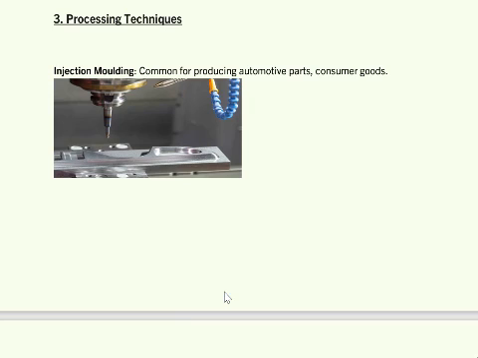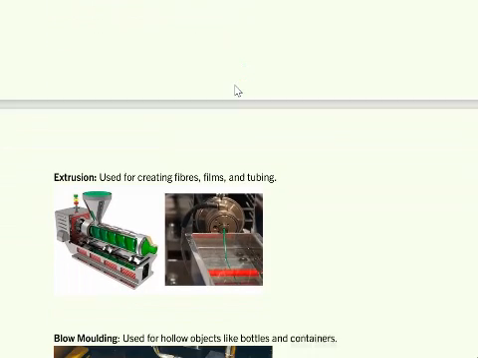As discussed above, injection molding is a high precision and cost effective manufacturing process widely used for producing parts from polyamide resin. It is common for producing automotive parts and consumer goods.